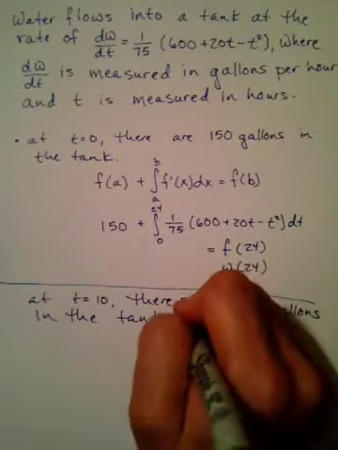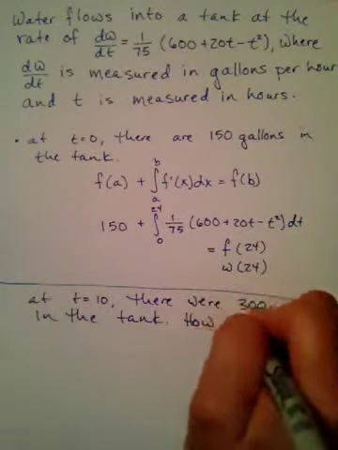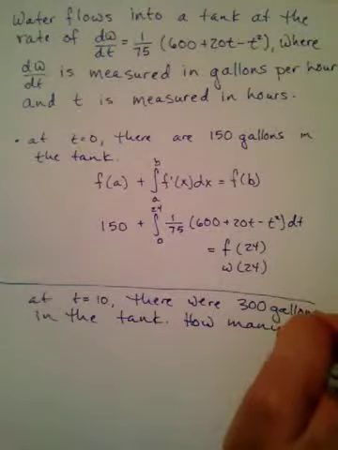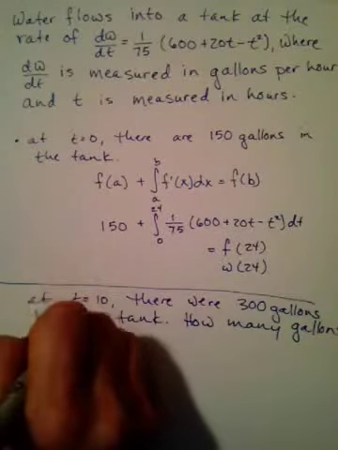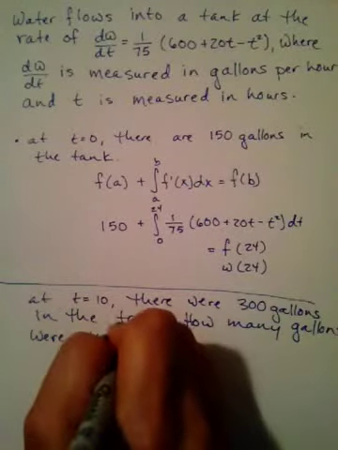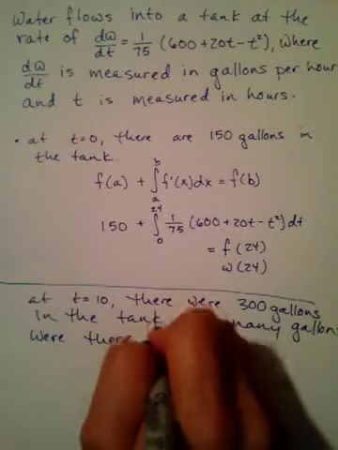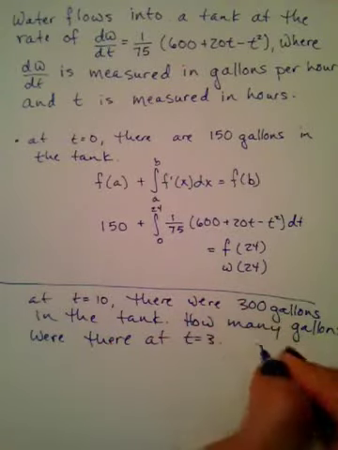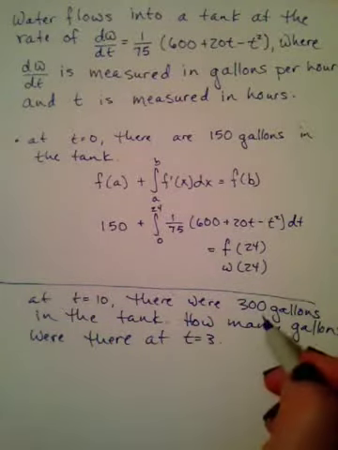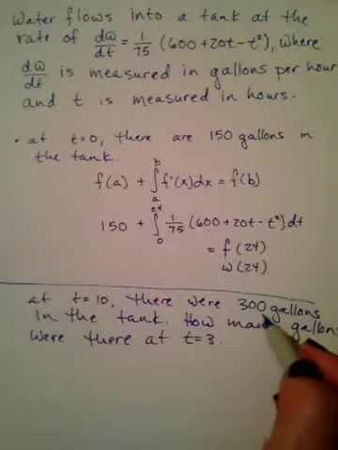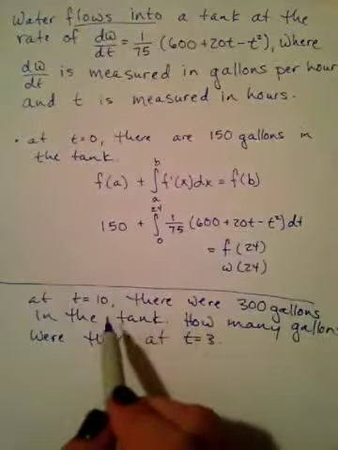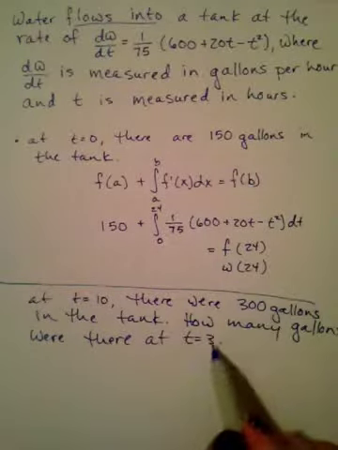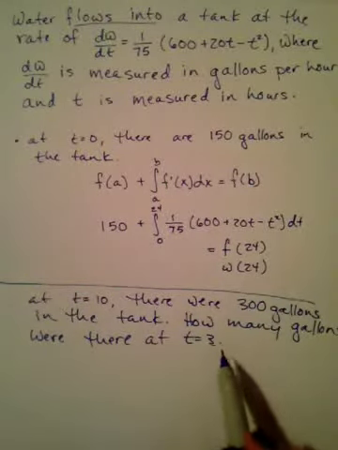And they wanted to know how many gallons were there at t equals 3? It should make sense to you that you should get a number that's smaller than 300 gallons because it says water's flowing into the tank. So at time 10 there are 300 gallons. We would be working backwards to figure out at time 3.